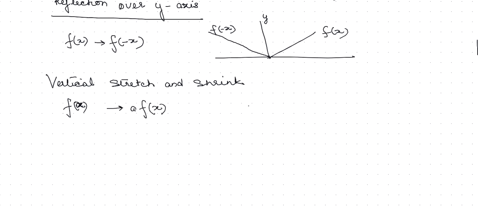If a is greater than 1, then it is a vertical stretch. If a is less than 1, then it is a vertical shrink.